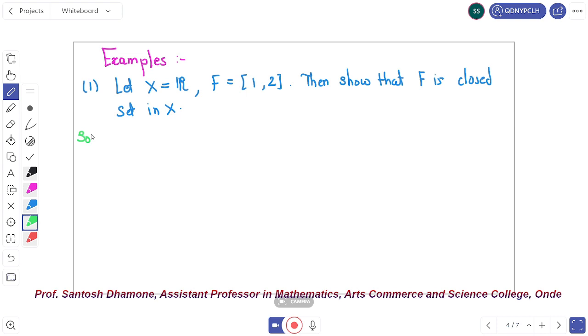Then the complement of F is equal to R minus F, and is equal to the open interval minus infinity to 1 union with the open interval 2 to infinity.